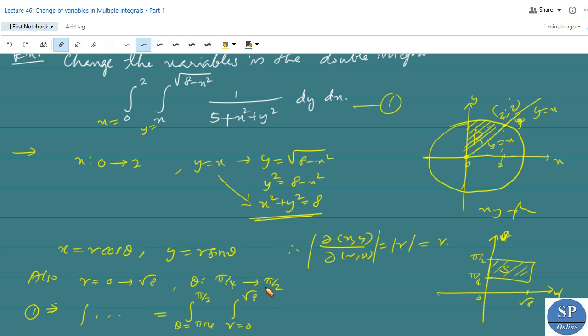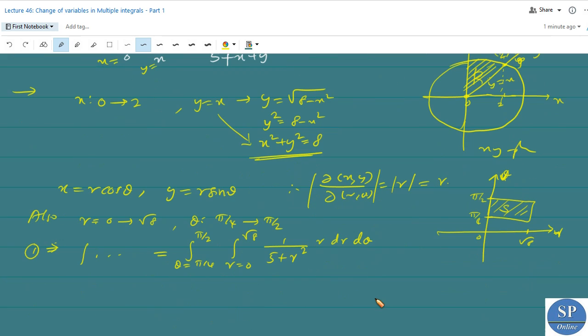The integrand 1 by 5 plus x square plus y square, where we know x square plus y square is equal to r square, times the modulus of the Jacobian determinant, which is r, so r dr d theta. This is the change of variables in this integral.